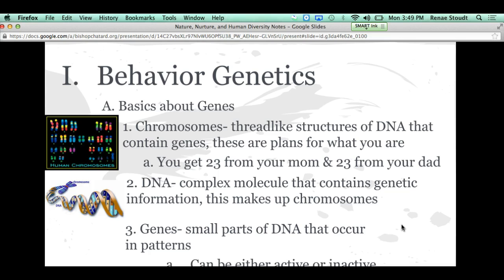Going back to my example, both of my parents have brown eyes, but I have hazel eyes, okay? How did I get hazel eyes if both of them have brown eyes? Well, when they passed down to me, they both had a recessive gene for hazel eyes that got passed on to me. So because the hazel eyes genes both matched up, I have hazel eyes. If one of them had passed down a brown-eyed gene to me, then I would have brown eyes.